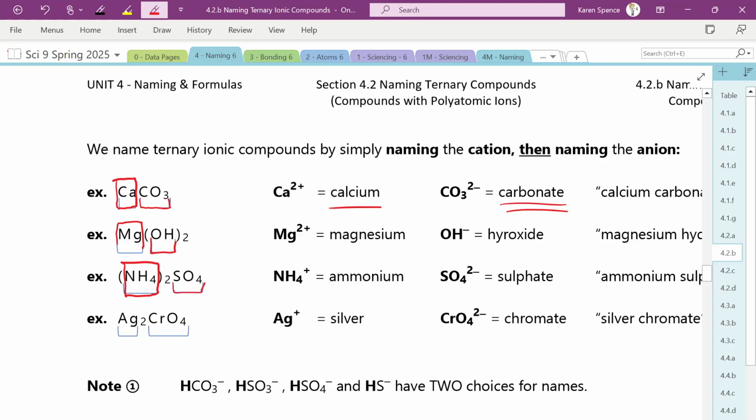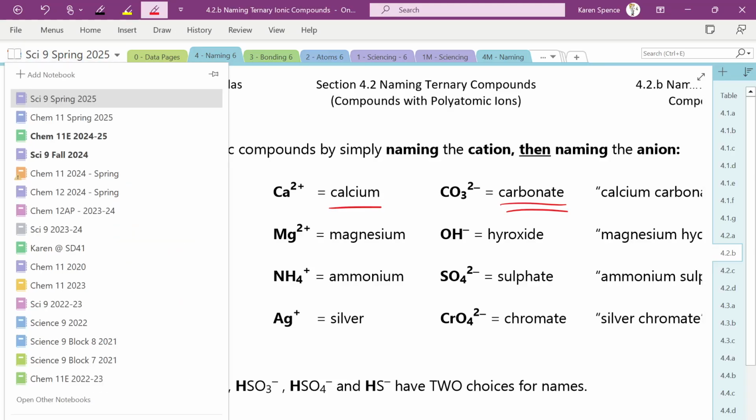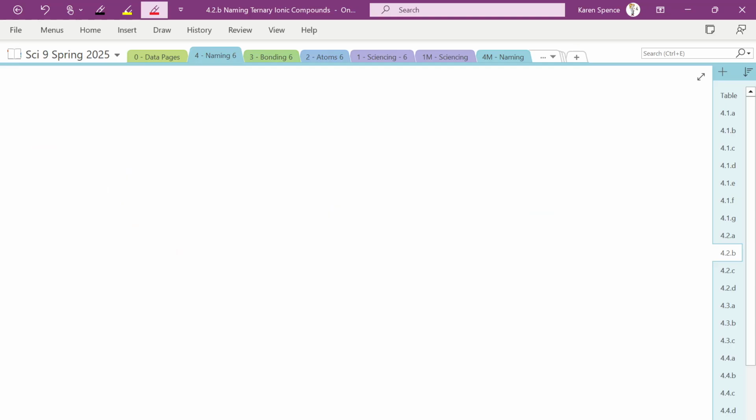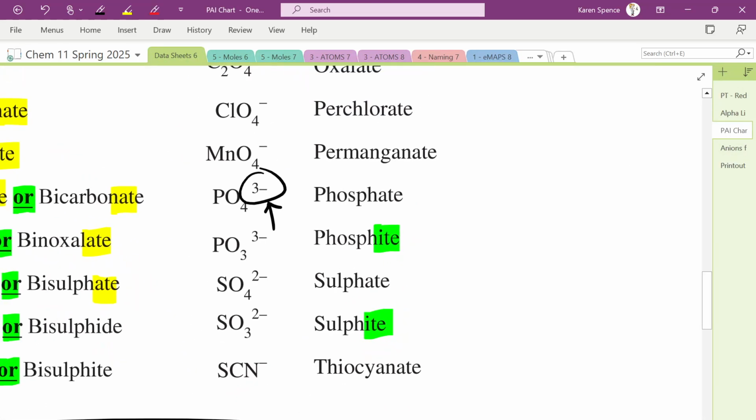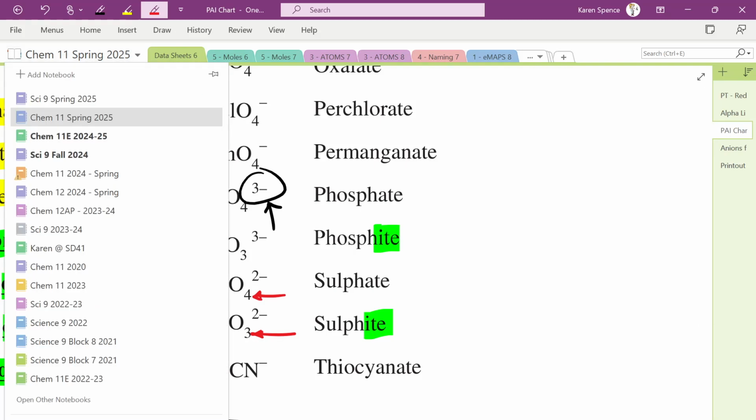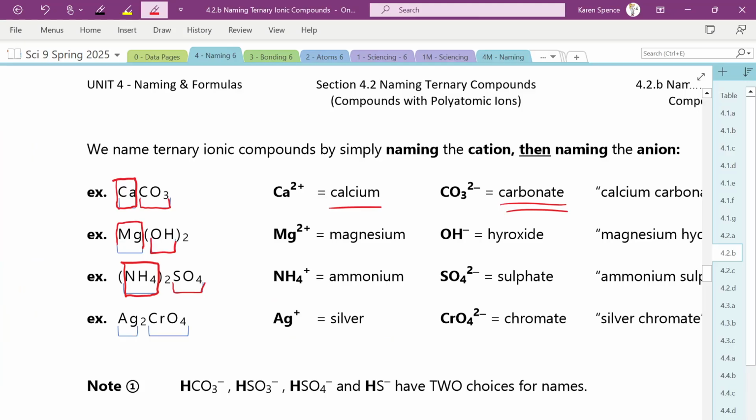Then the rest of it, you need to look up SO4. But be careful, because there's an SO4 and an SO3, and you need to name the right one. So just be careful when you're looking that up not to make a silly mistake. Okay? So that's going to be sulfate. Okay, so that is ammonium sulfate.